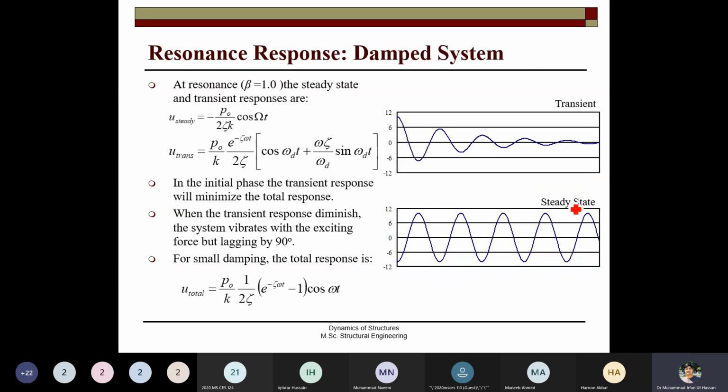Now the resonance response for the damped system. What will be the effect at resonance for the damped system? At resonance, you put approximately beta equal to 1 and simplify the relationship of the steady state and transient response.